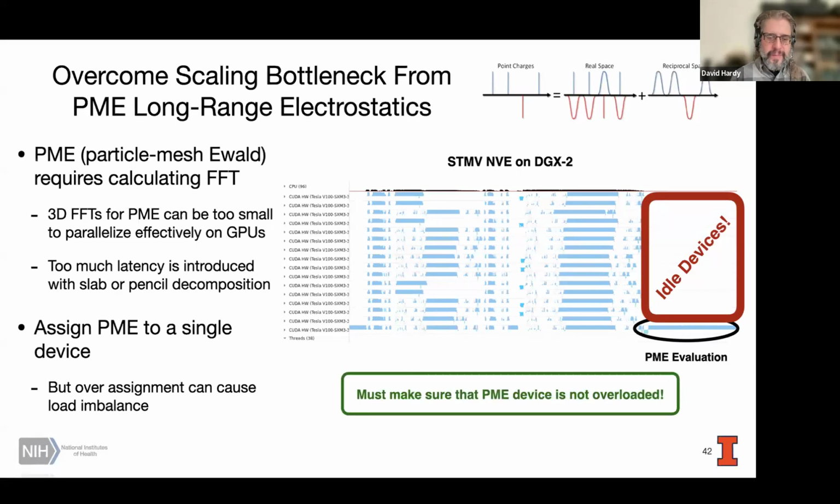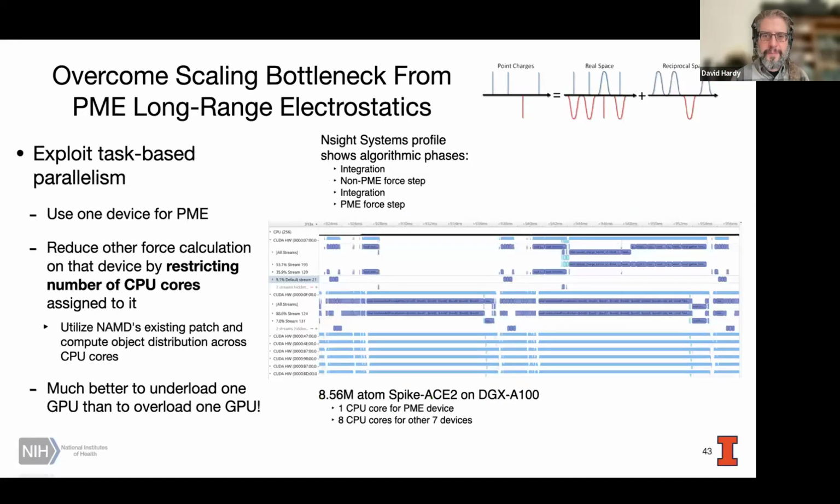The key idea here is to make sure that the PME device is not overloaded. We developed a way to do this in NAMD by exploiting task-based parallelism. The idea is to use one device for PME, but then we'll reduce all of the other force calculation on that device by restricting the number of CPU cores assigned to that device.